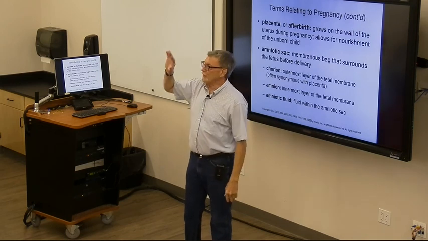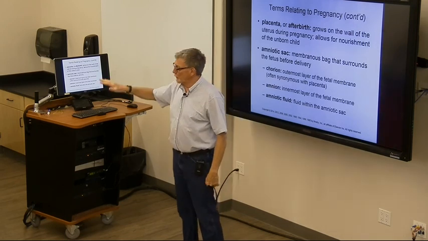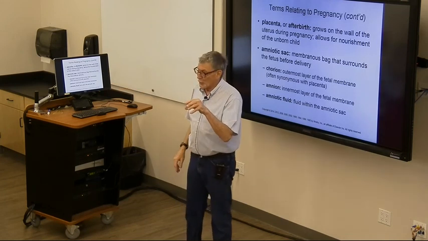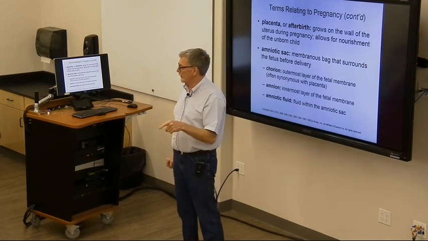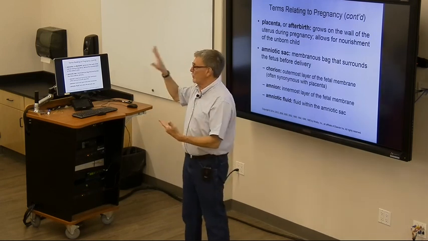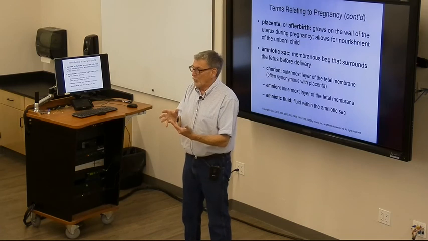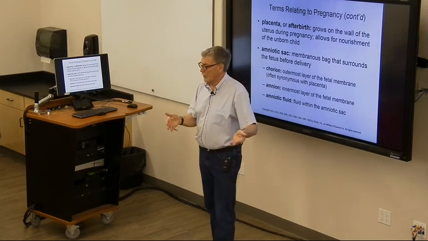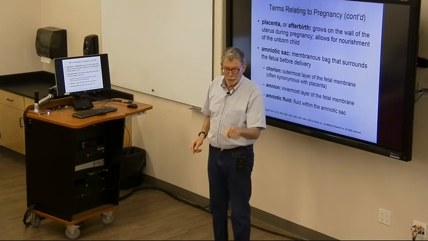When it implants, her hormonal level drops back down to relatively normal, and the placenta that's growing has to hurry up and take up the slack. If it doesn't start making some of the hormones that mom was making, you'll have a spontaneous abortion. You'll go ahead and menstruate. So it has to be a pretty close call here.